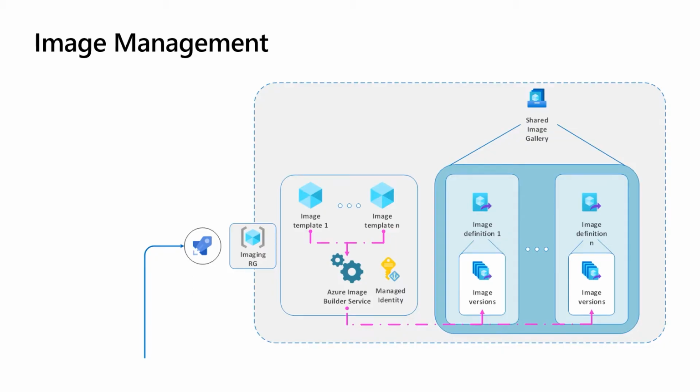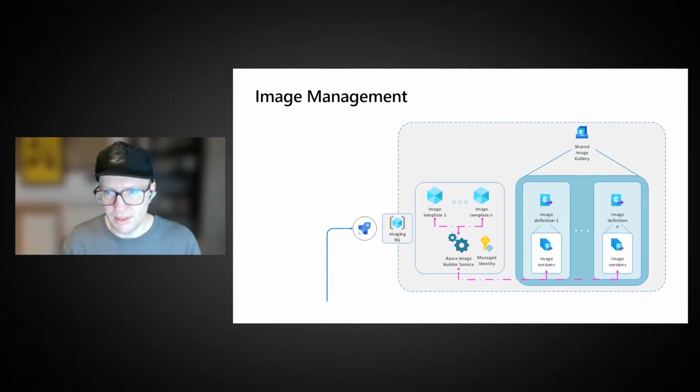Now, Azure Image Builder has three phases. As we talked about, the source phase is where you should be grabbing maybe a Windows 10 multi-session image from the gallery that already has Office 365 installed and configured. Take that, add in your own applications and your own configuration, and then move on to the last phase, which is the distribution phase, kicking that image out into the shared image gallery.